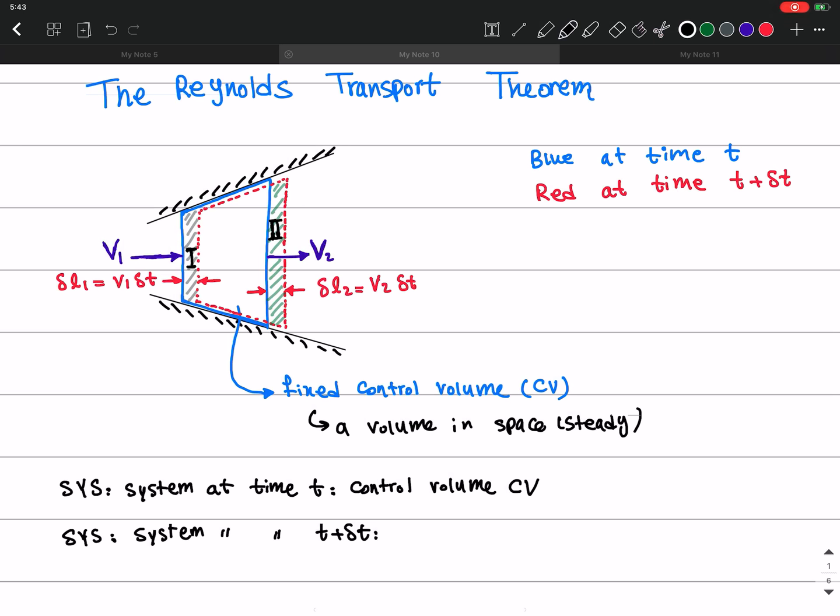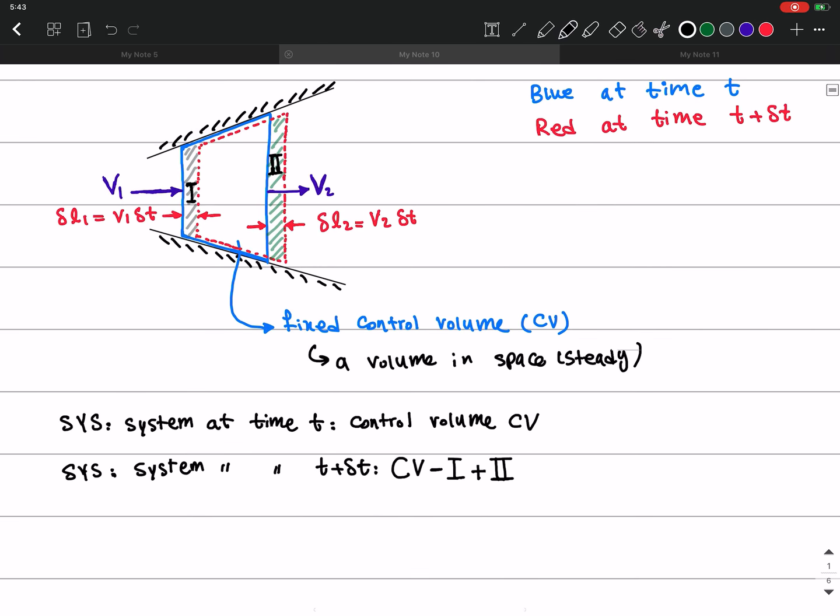So it's going to be CV, which is the original system, minus the volume of 1, say system 1, and then plus the new volume that is added to the system, which is going to be 2, right? So this is the system at time t plus delta t.